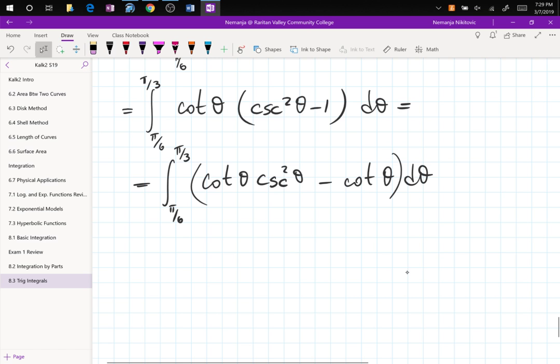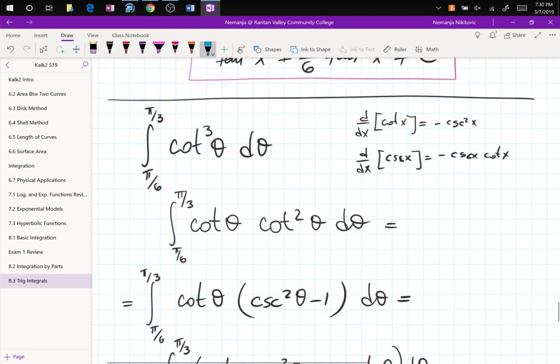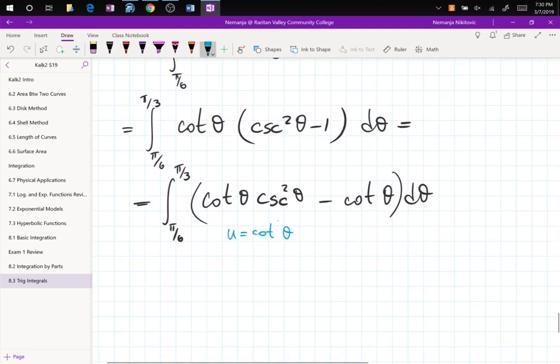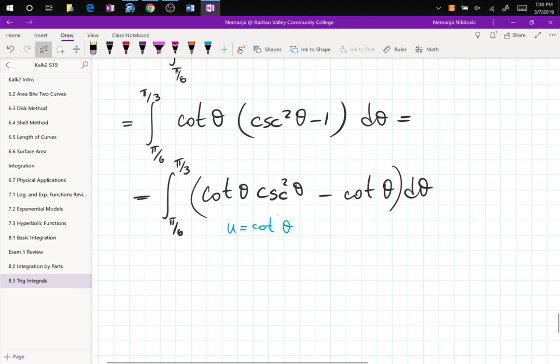We have two integrals again, two different substitutions again. I have u equals cotangent. Make it a negative, and flip the limits. What do you mean? No, always pi over 6 on the bottom. Pi over 6 is smaller than pi over 3.